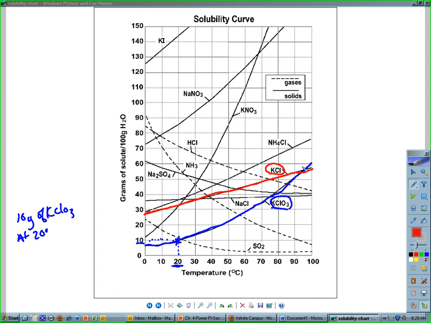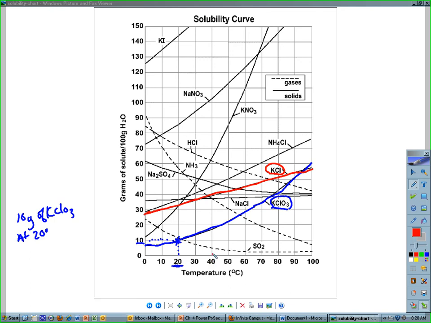Take a minute. Figure out an answer. I want everybody in the room to have an answer. So that means you got to be looking at the screen. Everybody in the room, I want an answer. How much potassium chloride will dissolve at 40 degrees? You're the only one with a hand up on this side. Yep. 40. 40 is correct.